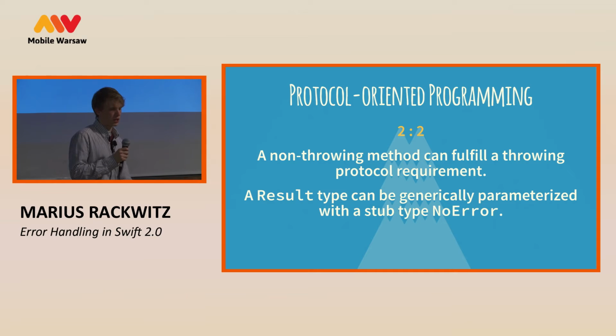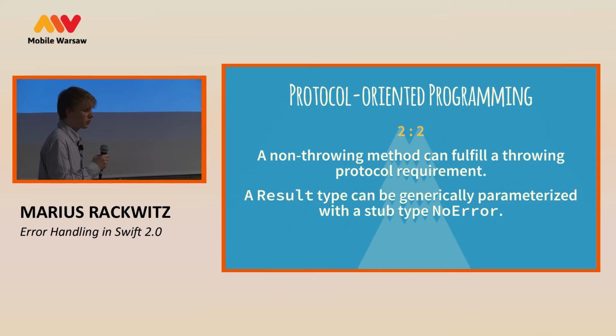So how do both approaches embed with the new paradigm of protocol-oriented programming? Protocol-oriented programming is centered around protocols, and we have seen before, and it is important for the error approach here, that they allow us to support the different models.